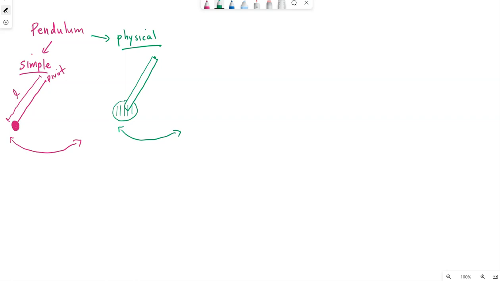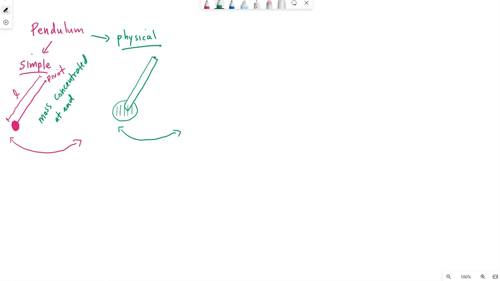So ultimately, the difference between the simple pendulum and the physical pendulum is where the mass is. For a simple pendulum, the mass is concentrated at the end. The string that connects the pivot to the mass is negligible in mass.